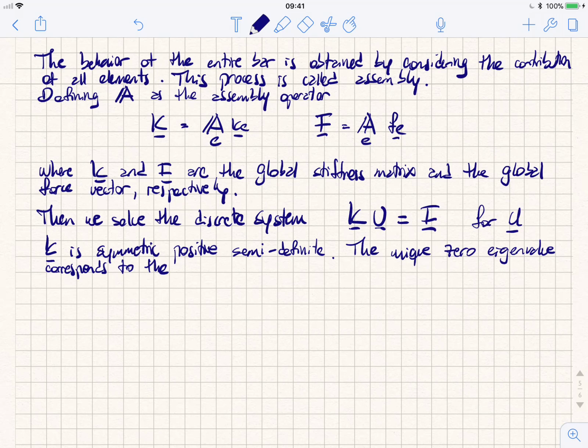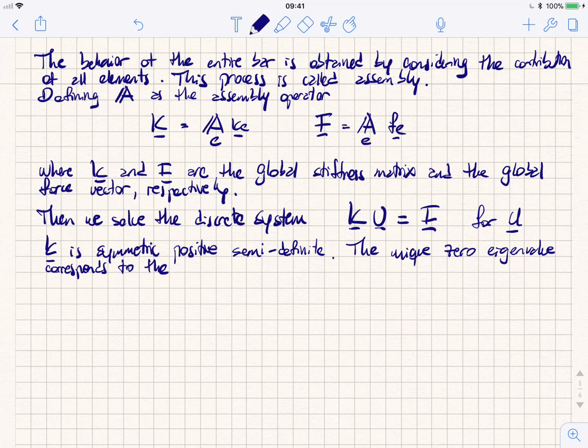Well, you could, but you need some tricks. If you impose a boundary condition, then you can solve it. So your system is no longer singular. It does not have any more zero eigenvalues, and then you can solve it. I'm not saying you cannot solve a system with zero eigenvalues. I'm saying that if we prescribe the displacement somewhere, then our system is no longer singular, is positive definite, and then we can actually obtain a solution.